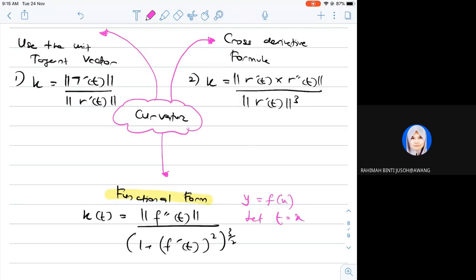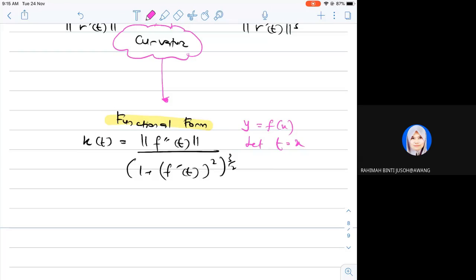Okay, so what happened after that? Okay, guys, your function here would be changed into magnitude of f double prime x, okay, divides by 1 plus f prime x squared, and then to the power of 3 over 2, okay?